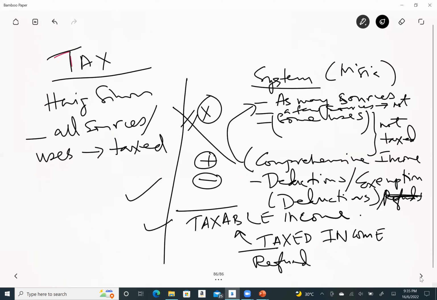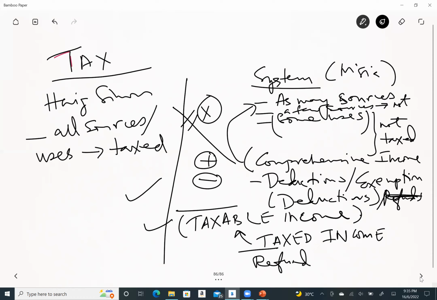You first measure the income from all sources, not necessarily equal to the Simon definition, because some in-kind income and home production will not be included. You got that? Then we do some deductions based on the things that I mentioned earlier, and then you come up with a term called taxable income. That is the income that you will be taxed on.